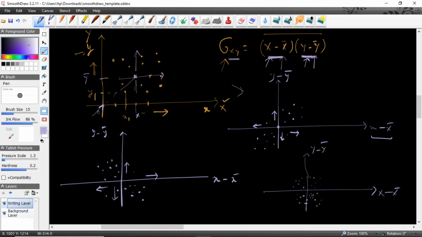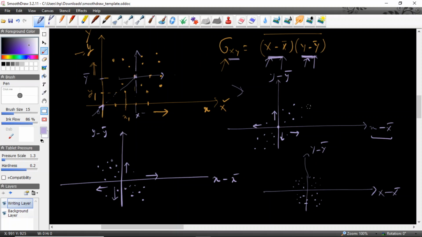For some values x minus x bar will be positive while y minus y bar is negative, and for other values x minus x bar is negative while y minus y bar is positive. So in the product you can get both positive and negative numbers, and the average value will tend to be 0.